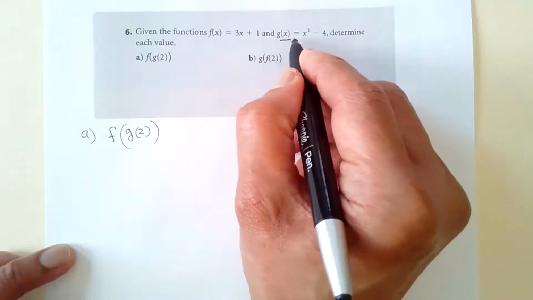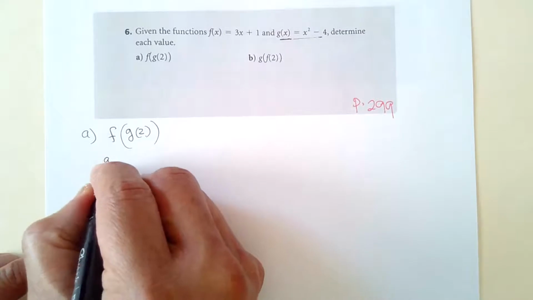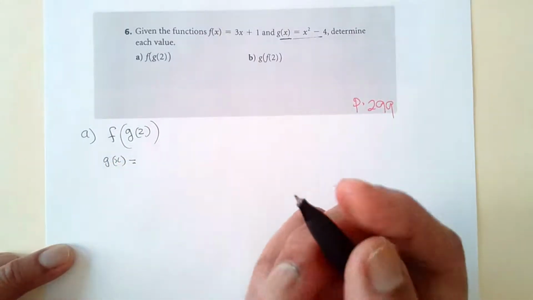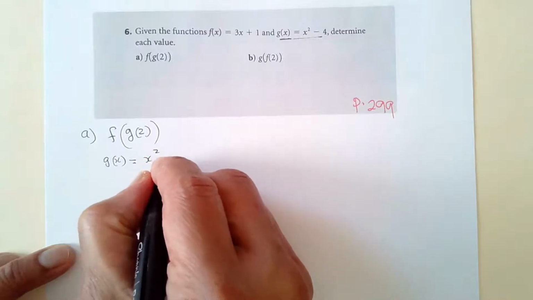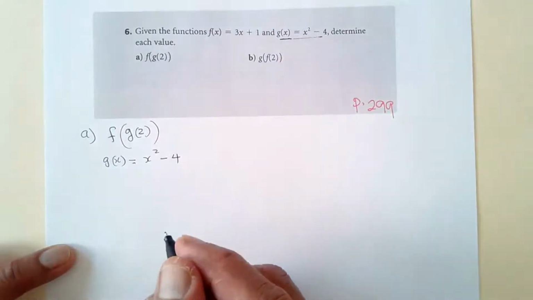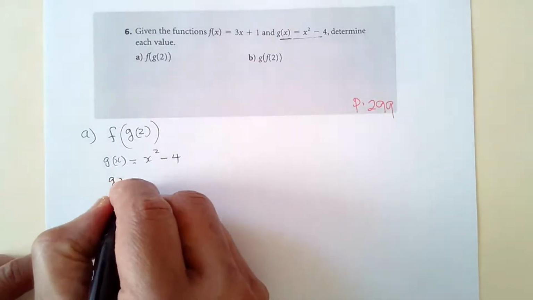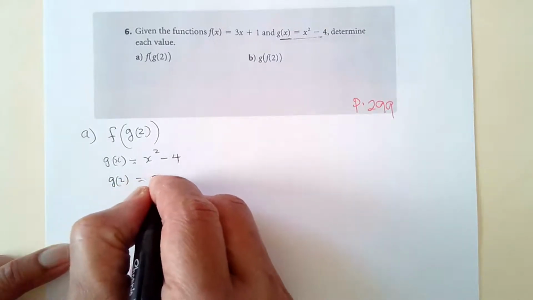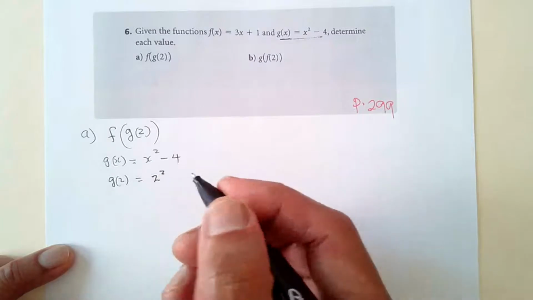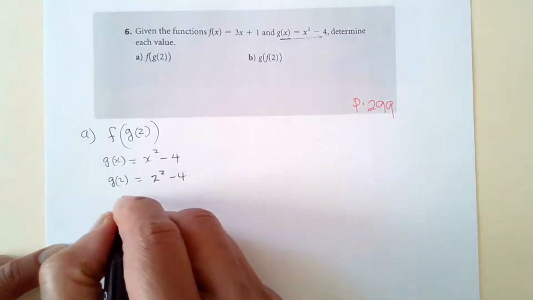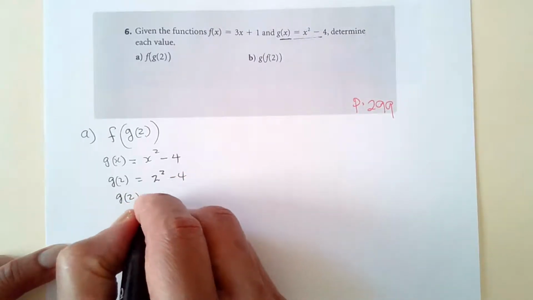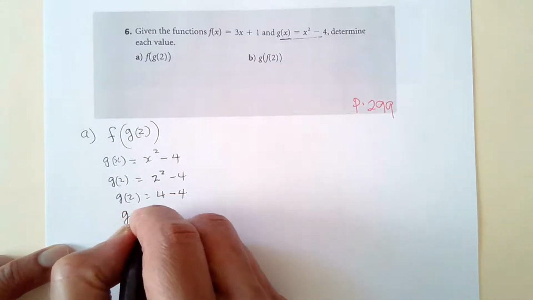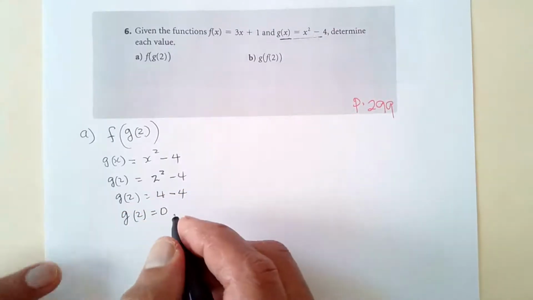I'll go to g of x, and I'll just rewrite it here so it's right in front of me, so I don't have to look back and forth. So g of 2. Wherever the x is, I replace it with 2. Minus 4. So g of 2 is equal to 4 minus 4, so g of 2 is equal to 0.